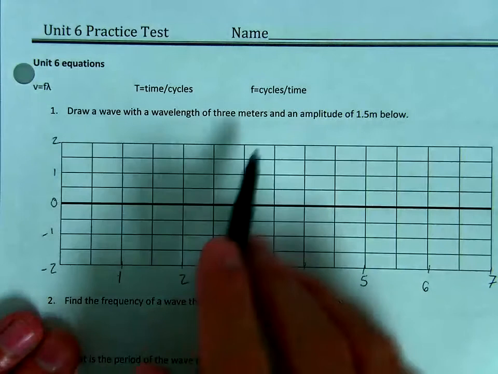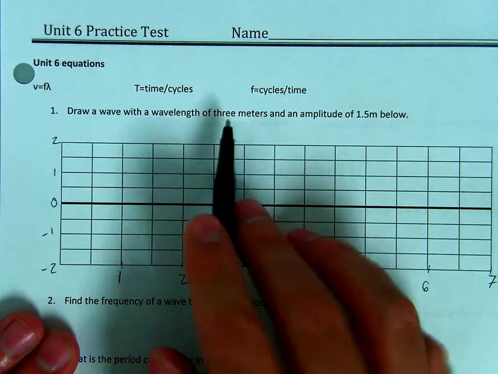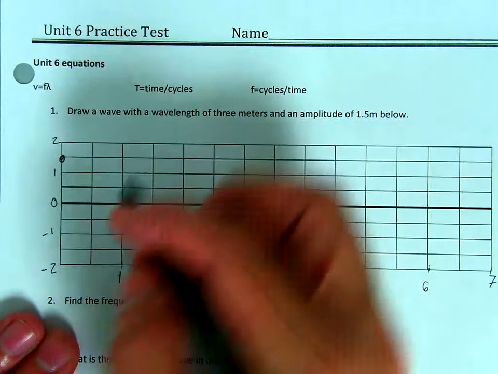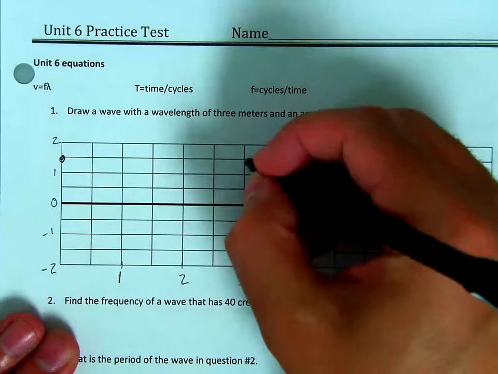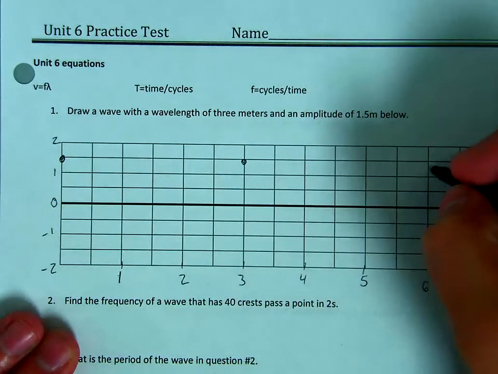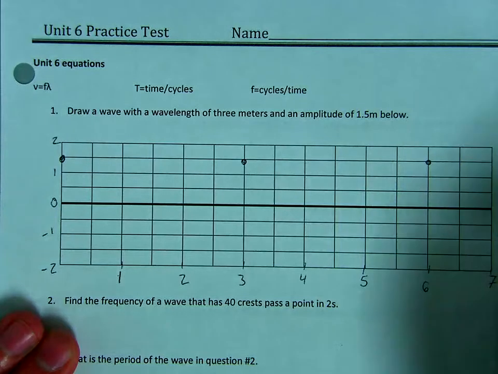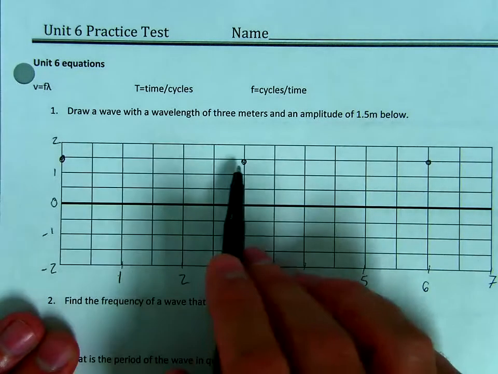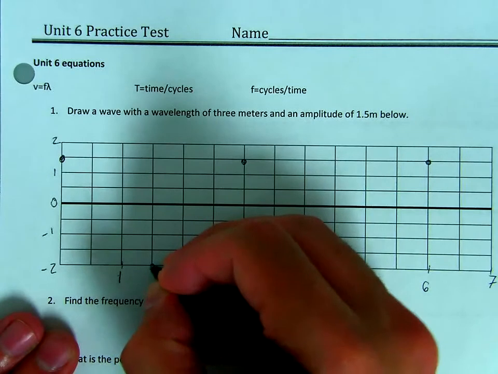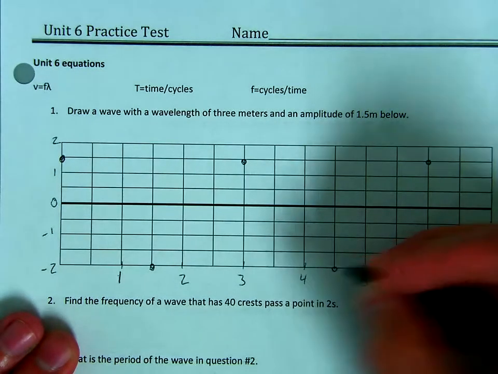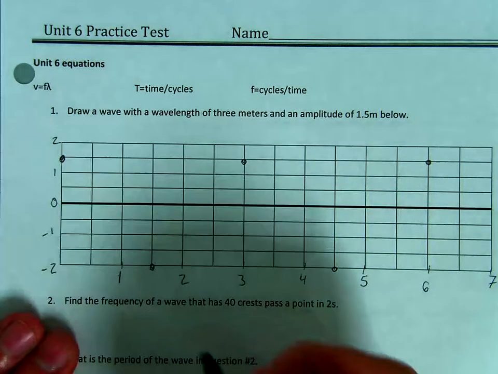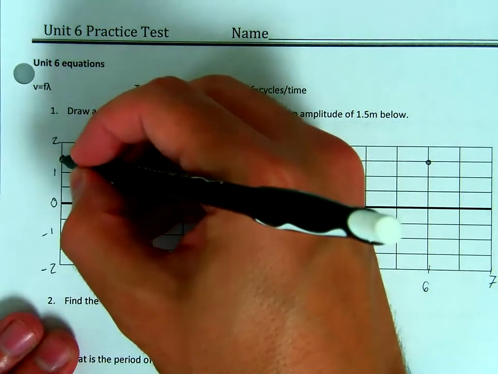Okay, now I know it has a wavelength of 3 meters. So if I'm drawing it crest to crest, if I start at 0 at a crest, that means at 3 meters I'd have a crest, and at 6 meters I'd have a crest. Now, if my crests are every 3 meters, that would mean at 1.5, 4.5, and then 7.5, I would have a trough.